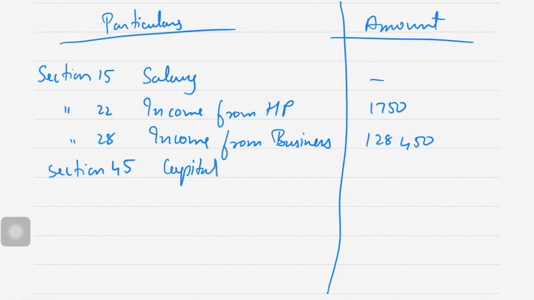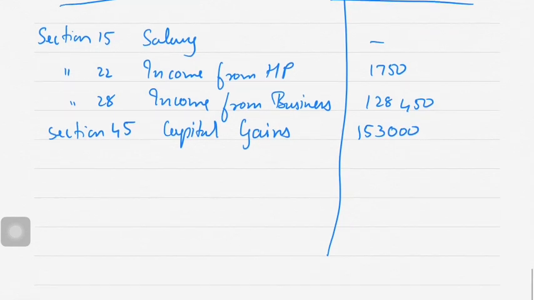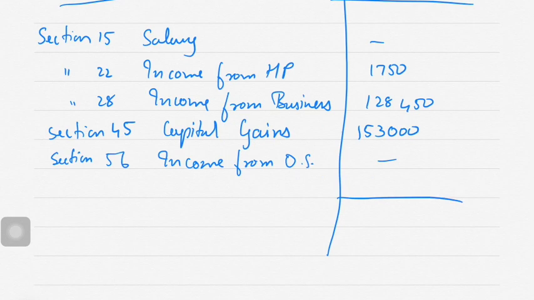Section 45, income from capital gains, 1,53,000. Section 56, income from other sources, nil. Total it. This is your gross total income.